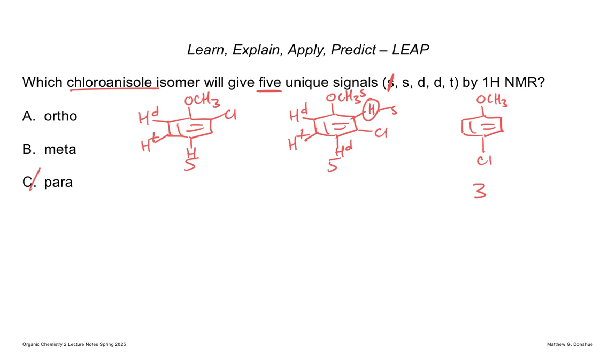Now this one's going to be different because it has a neighbor, so that's going to be a triplet. And then the one next to the chlorine is going to be a doublet. So the take-home message is that you had these two which could potentially be right, so you have to look at this other data to differentiate them. So for that, we would get meta.